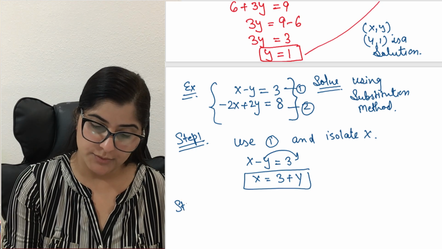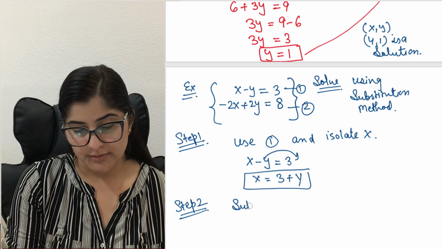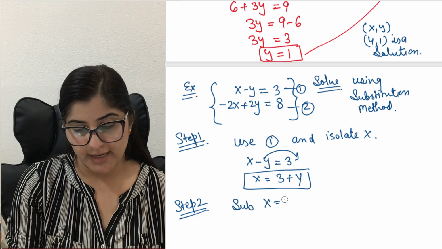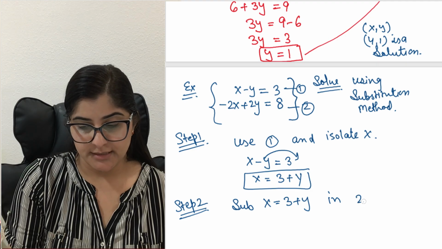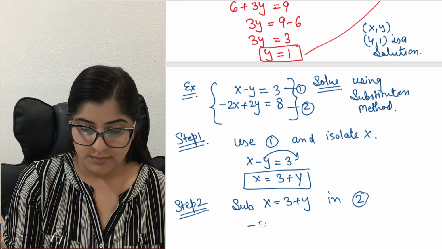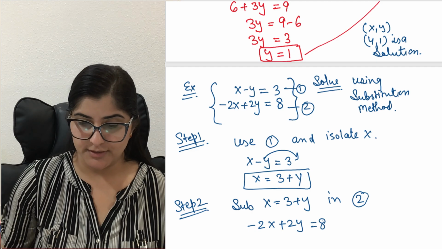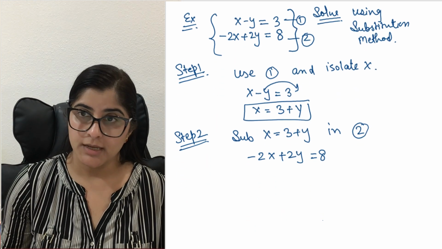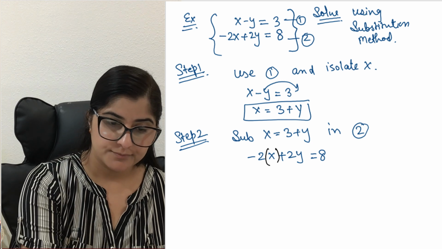Now step 2 is to substitute x is equal to 3 plus y in the other equation, that is equation number 2: minus 2x plus 2y is equal to 8. So let's now substitute x with its value.